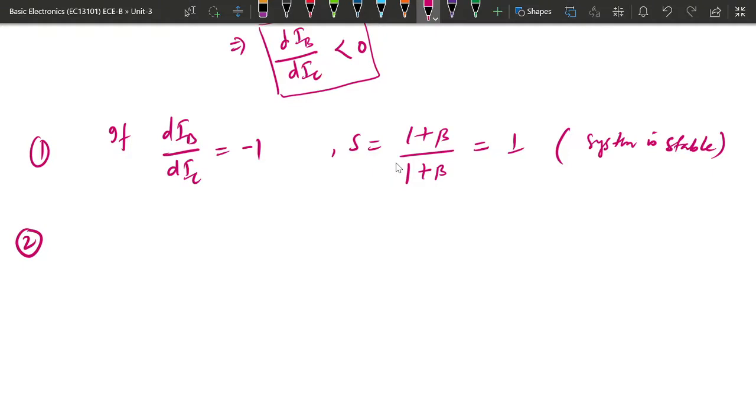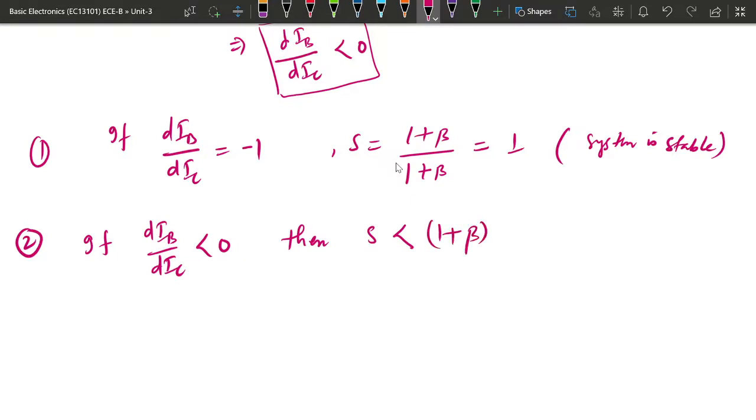Suppose in the second case del IB by del IC is less than 0. Then we can say the stability, that is the S value, should be less than 1 plus beta. Why?